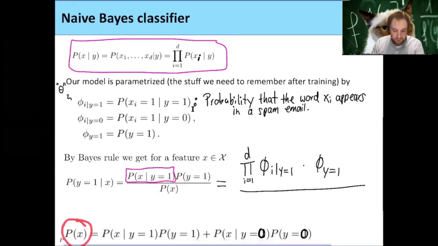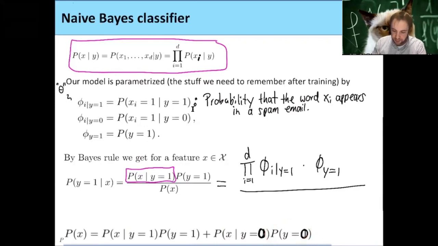The probability of something can be written as a sum like this: the something assuming y equals 1 times the probability of y equals 1, plus the something assuming y is 0 times the probability of y equals 0.